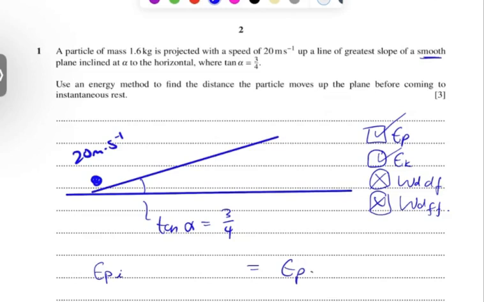And at the end, or final potential energy, there will be some potential energy there. Then I've got kinetic energy in the beginning, and I've got no kinetic energy in the end because it comes to rest. So basically what's happening here is all my kinetic energy that the particle has is going to be converted into potential energy.